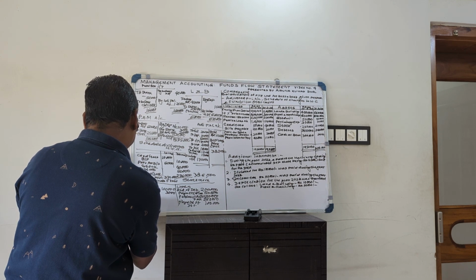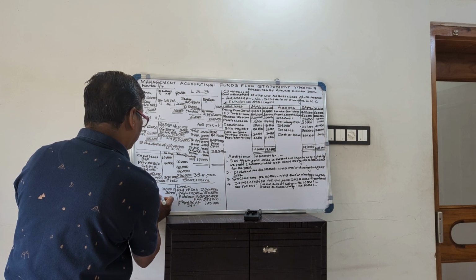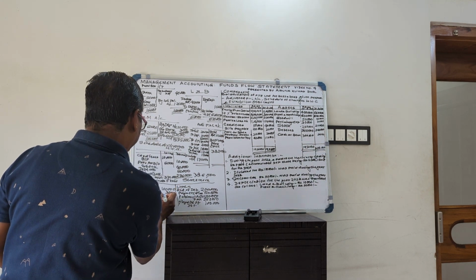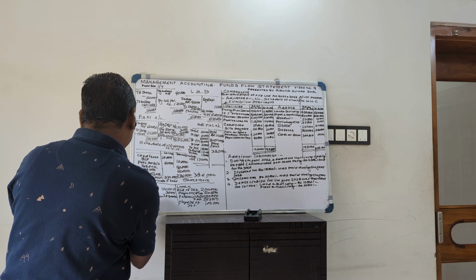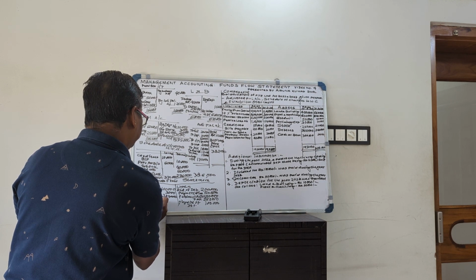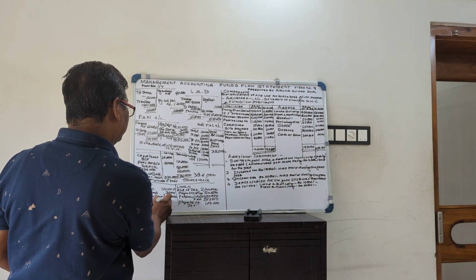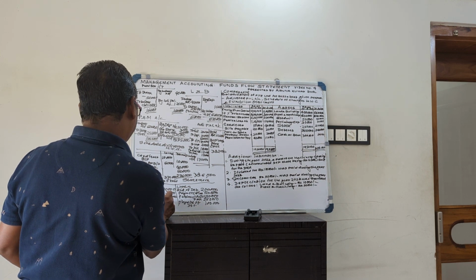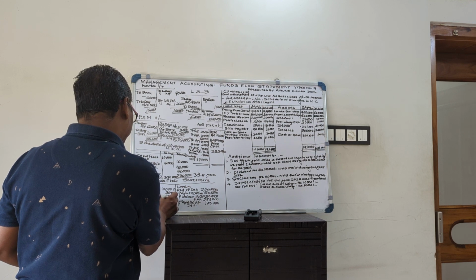Funds from operation amount is 3,82,000. Then net decrease in working capital to the extent of 3,70,000.